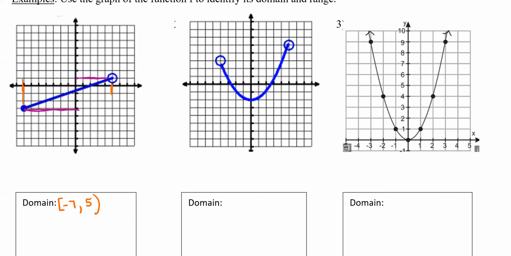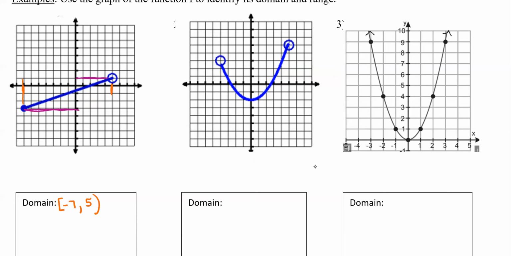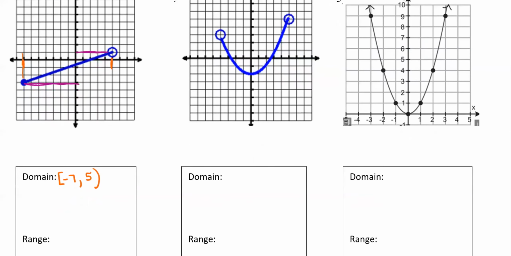So the lowest y value, the smallest y value that we have is -3. And the largest y value is 1. Again, the -3 has a bracket on it because it is a solid circle. The 1 has a parenthesis on it because it is an open circle.